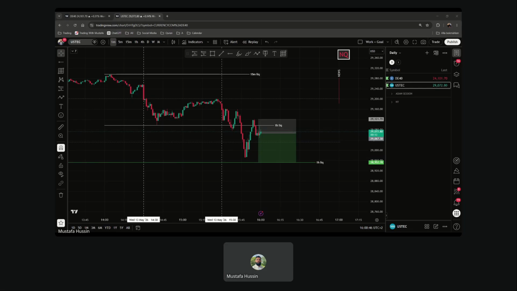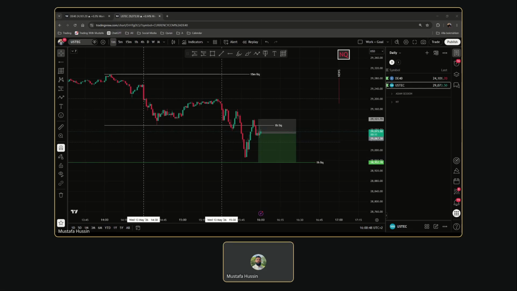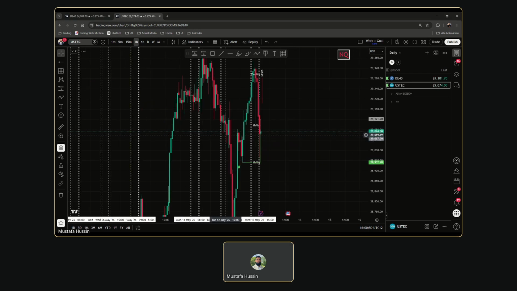The 1 hour candle just closed a minute ago.